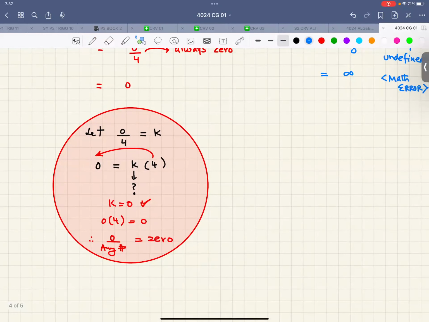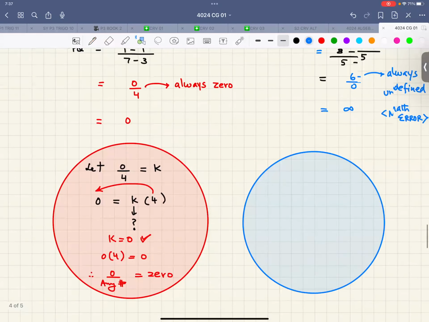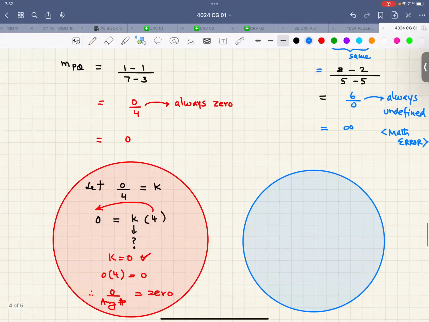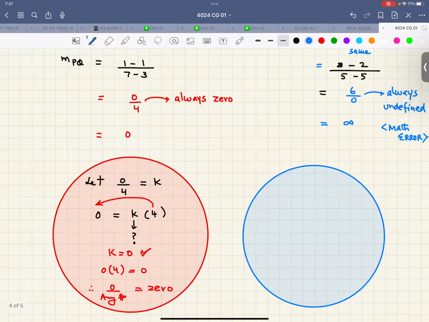Let me apply the second logic. If I write, let 6 divided by 0 equal a value, let's call it m. Well, m is for gradient, so let me write this as c. 6 is equal to 0 multiplying with c. Is there any number in the world that can convert a 0 into 6?